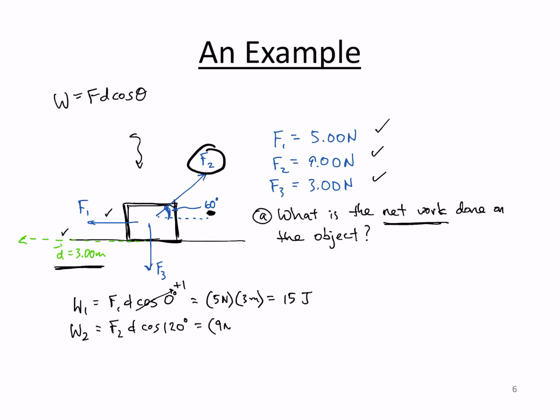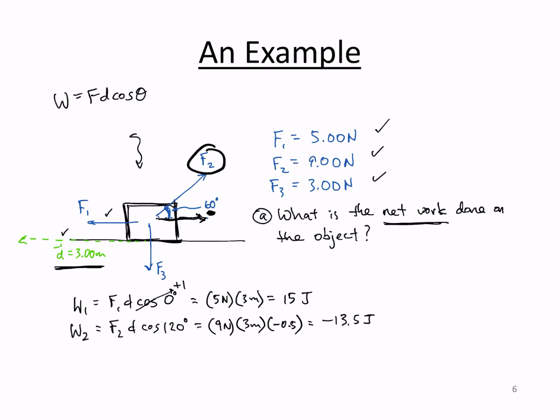F2 is 9 newtons in magnitude, same 3 meters, negative 0.5, and that gives us negative 13.5 joules.